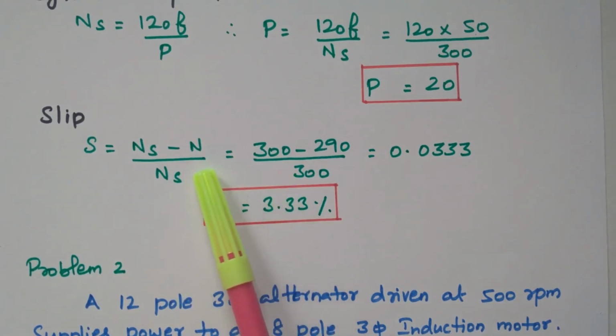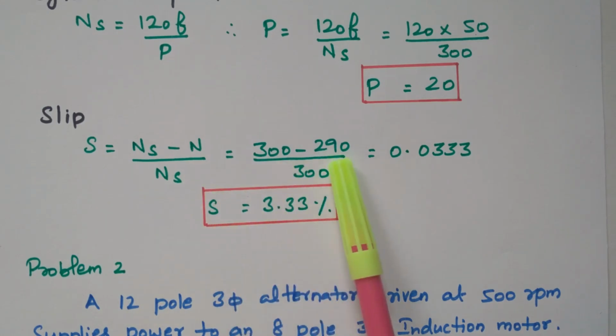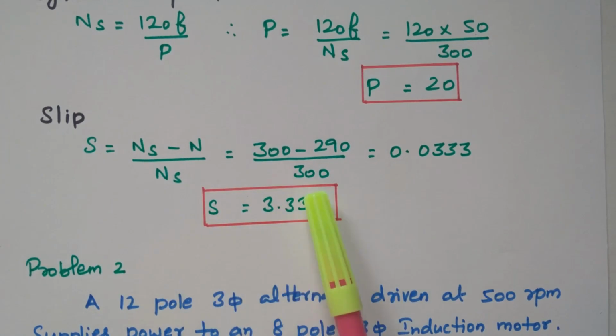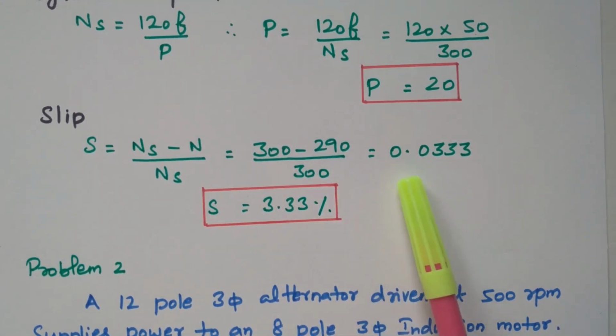The speed of the rotor at full load is 290. So (300 minus 290) divided by 300. By simplifying this, we get 0.0333, which as a percentage is around 3.33 percent. So we calculated the number of poles as well as the slip of the induction motor.